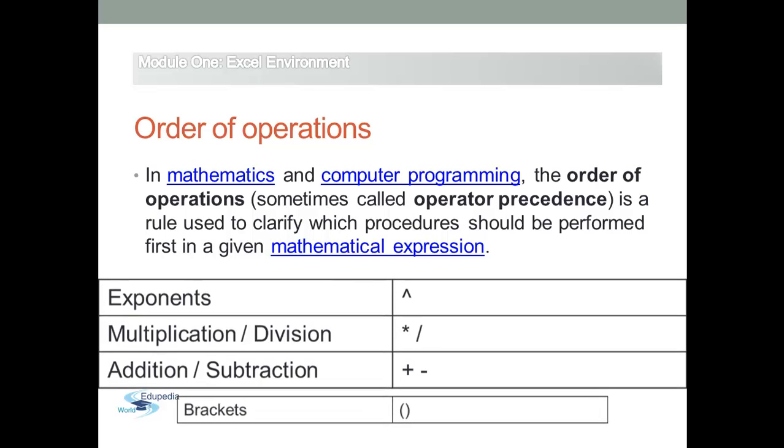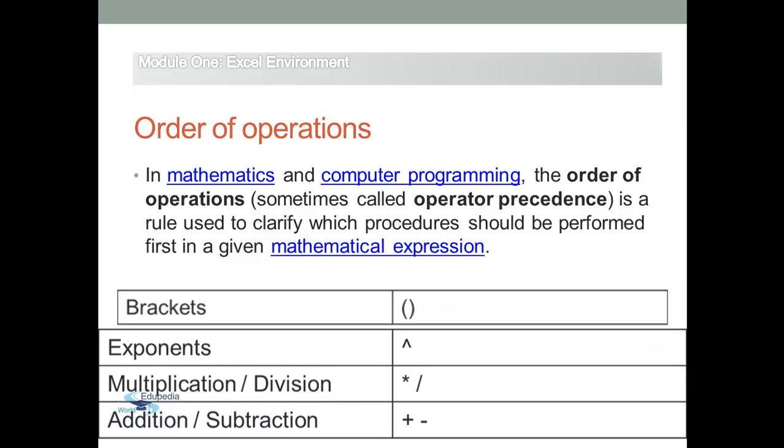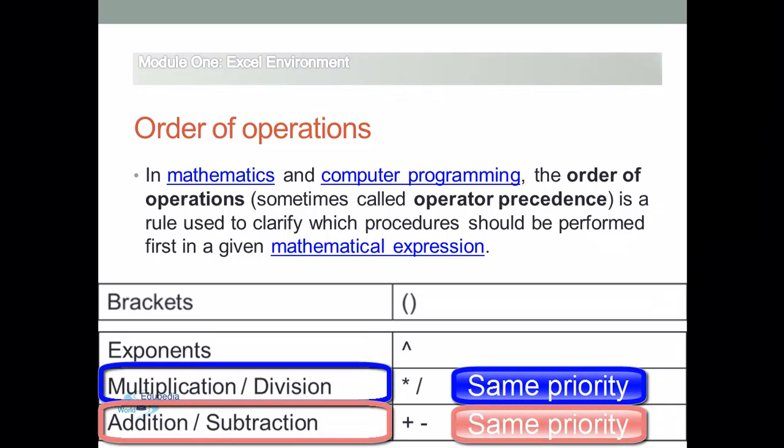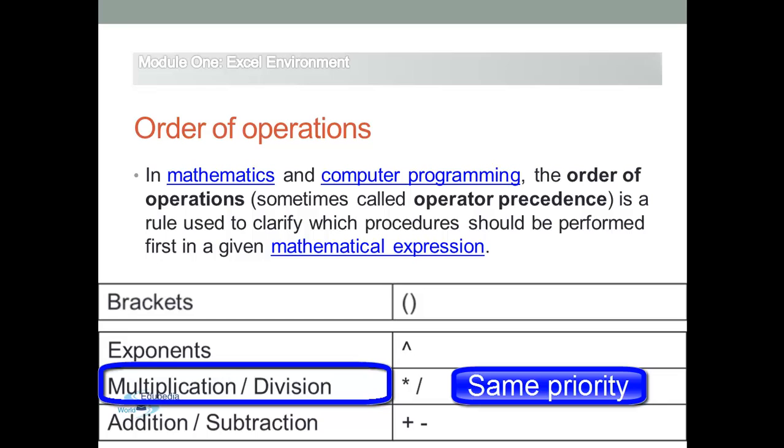The order of operation will be shifted, making the part between brackets the first part to be calculated in the formula. And if a formula contains operators with the same priority, for example, both a multiplication and division operator, Excel evaluates the operators from left to right.